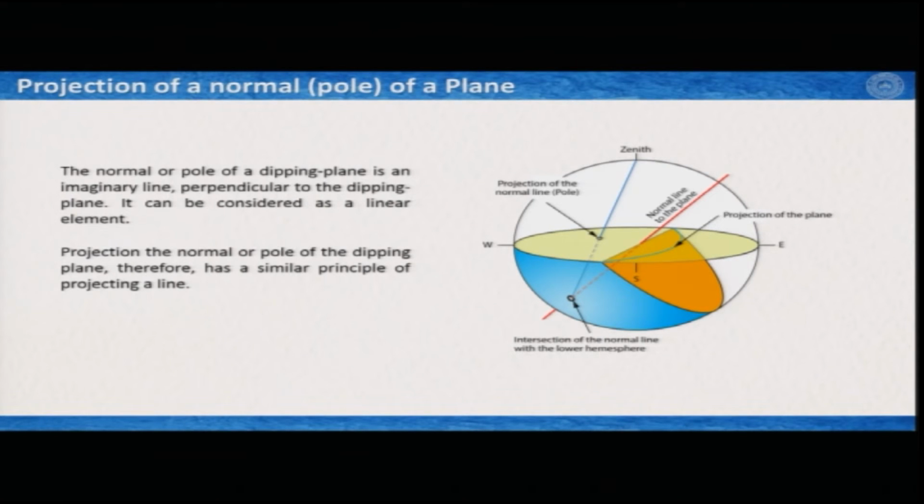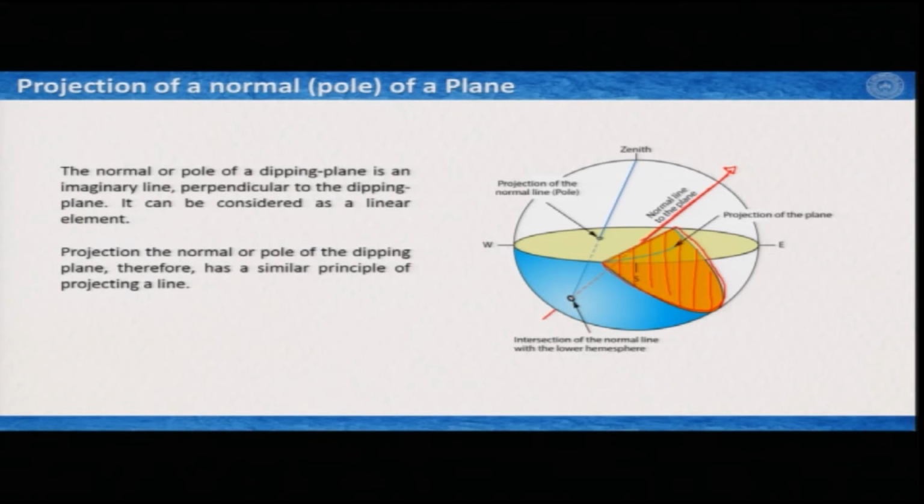So, projecting the normal or the pole of the dipping plane has a similar principle to projecting a line. What we see here in this diagram, you may remember, is the plane we were concerned with, and then we have to draw a normal on this plane. So, this red line here is the normal to the plane.